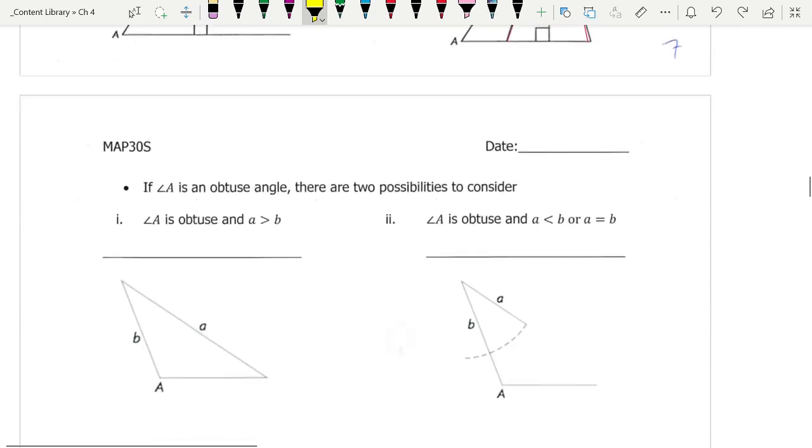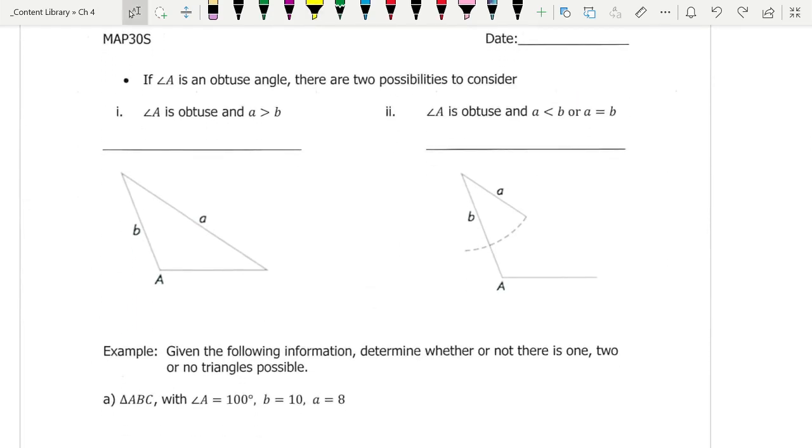All right, next. If angle A is an obtuse angle, again, there's two things that could happen. If the opposite side I give you is bigger than the side right next to it, then you have one obtuse solution. But once again, what if we're messing with you?